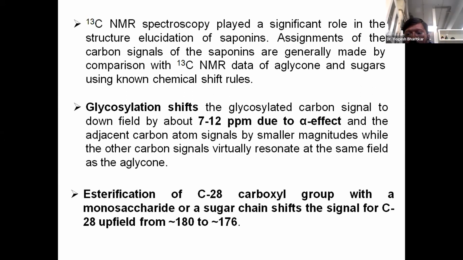Glycosylation shift: the glycosylated carbon signals shift downfield about 7 to 12 ppm due to the alpha effect. Esterification at the C28 position comes at 180 to 176: the acid carbon appears at 180, and if it is an ester then it appears at 176.